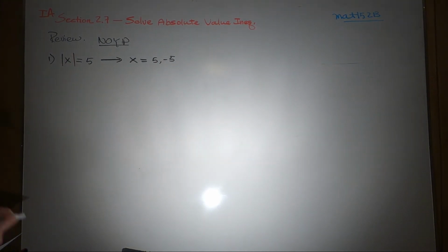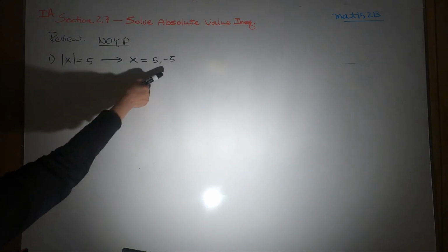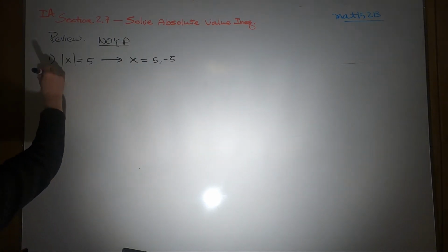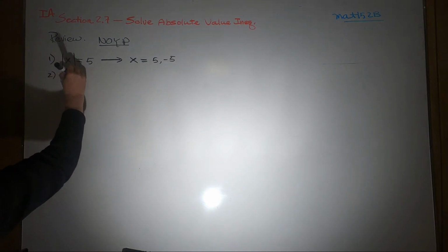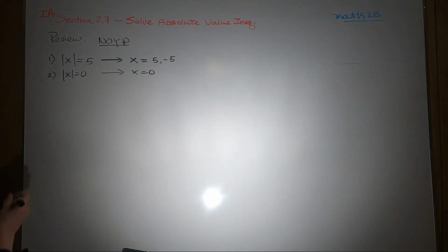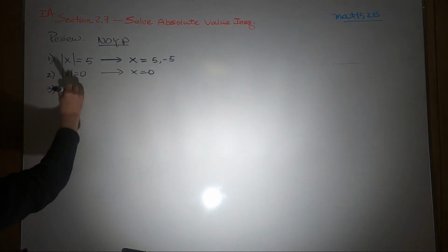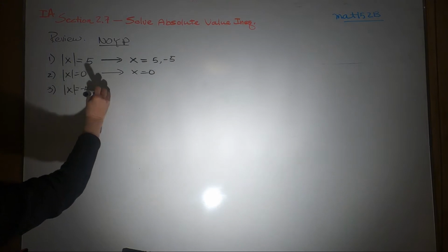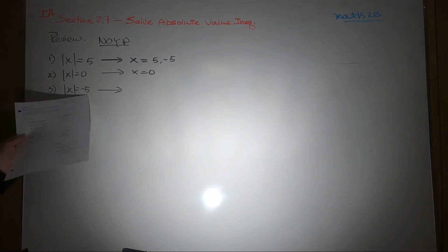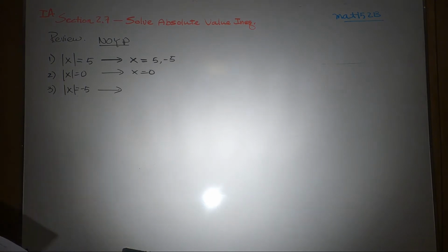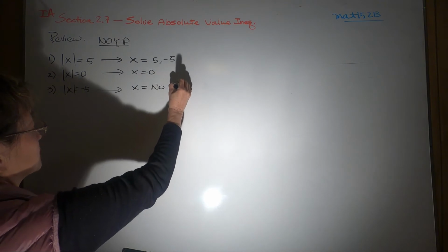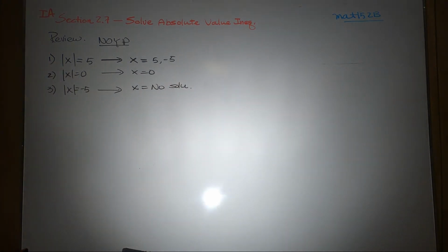It has two sides, right? Distance to the 0 can be either way, 5 or -5. Distance is still 5. Then if the absolute value of x equals 0, then x is 0, right? Then if the absolute value of x is -5, what do you think? Can anything you take the absolute value of be negative? No, right? So what's your x? It's no solution, or doesn't exist.